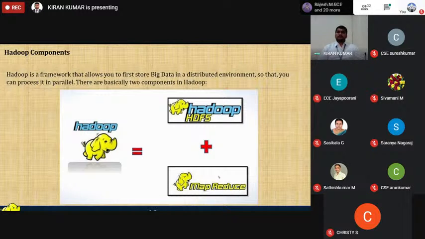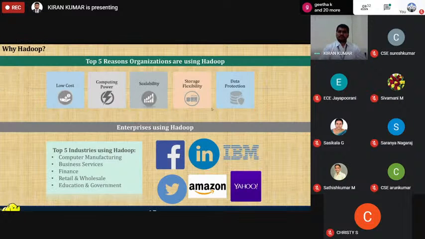From this slide, I would like to tell you that in the afternoon session I'm going to focus on MapReduce. In the morning session we are going to see Hadoop HDFS: how to store the huge amount of data, and how to store different types of data in Hadoop HDFS. So our focus for the morning session is Hadoop HDFS.